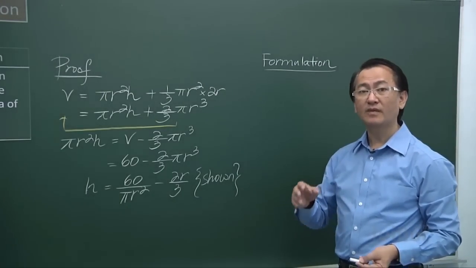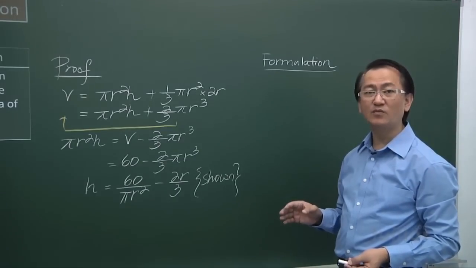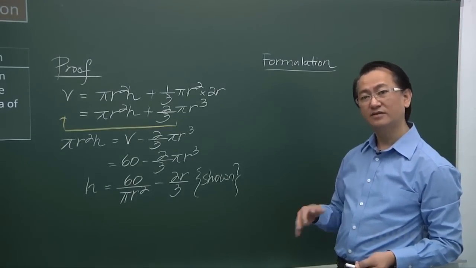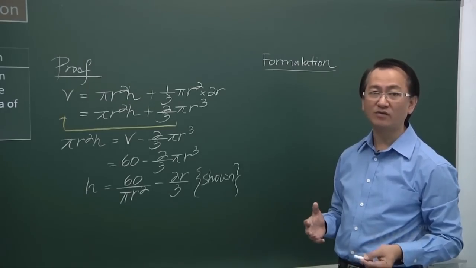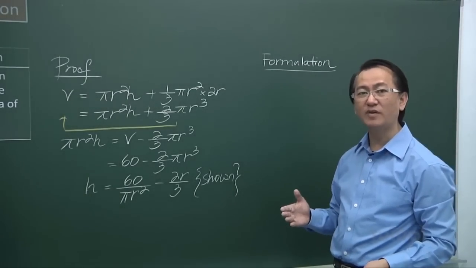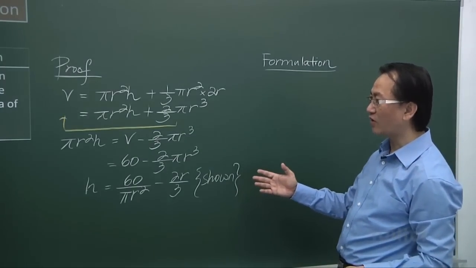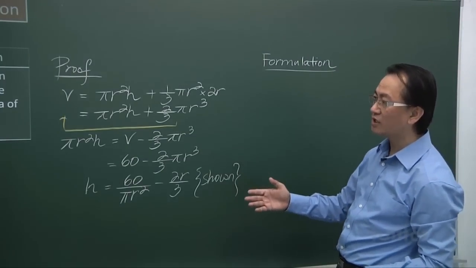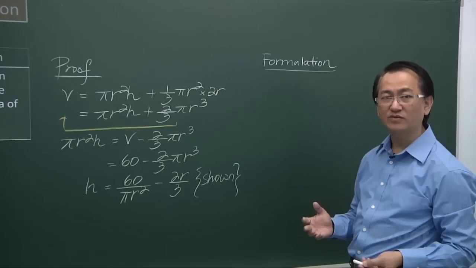As you know, if we have one independent variable, then we can differentiate it. The first derivative equated to 0 to find stationary value of, say, x. But if we have too many variables, like in this case, it could possibly be you have the h, you have the r, then there are two variables.